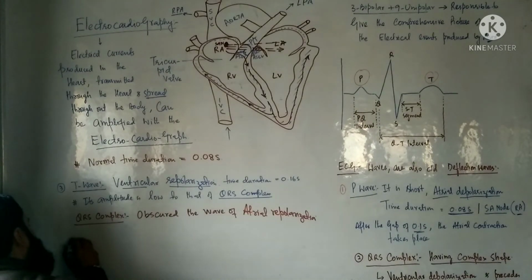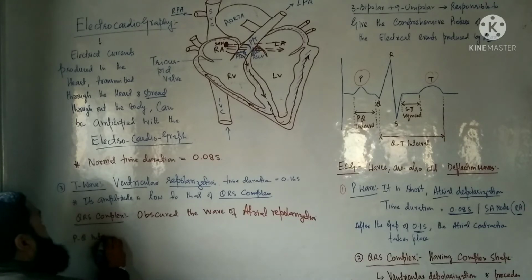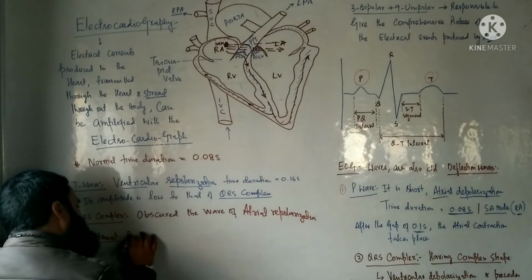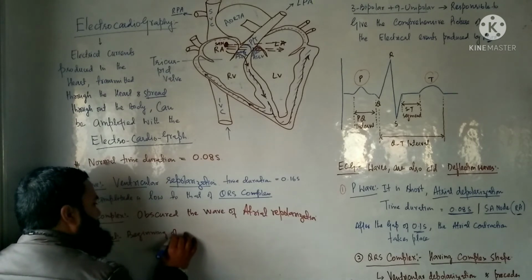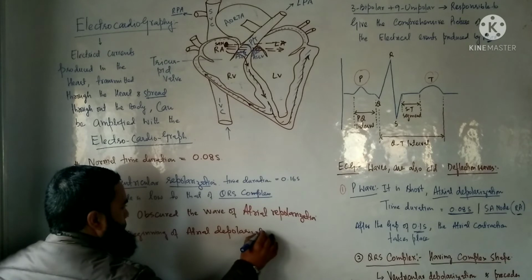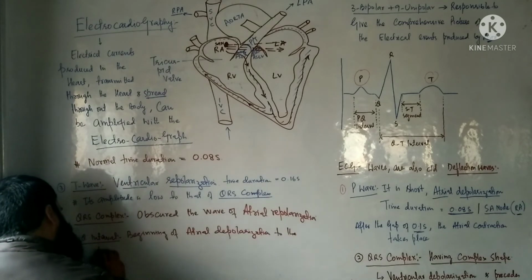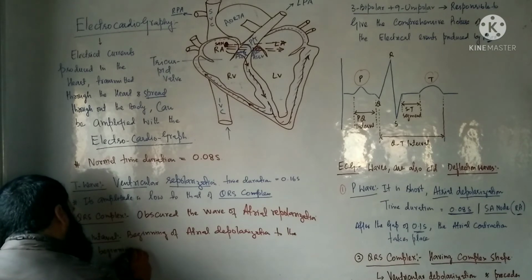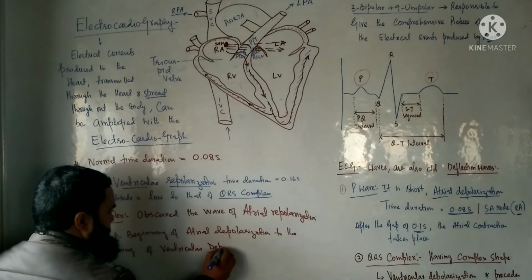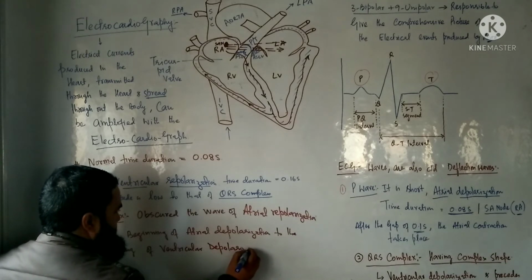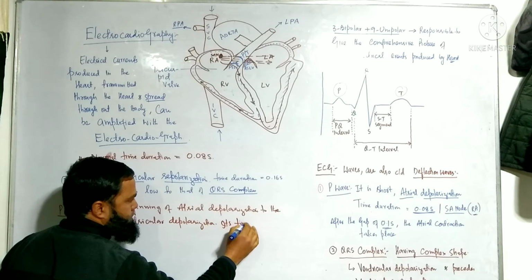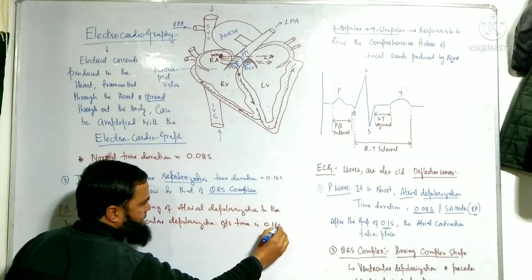The PQ interval means the beginning of atrial depolarization to the beginning of ventricular depolarization. Its time duration is 0.16 seconds.